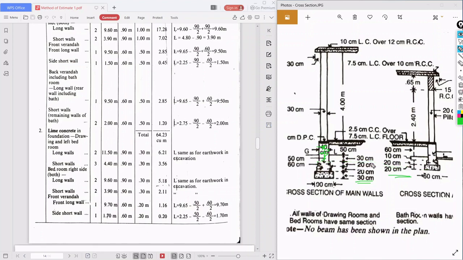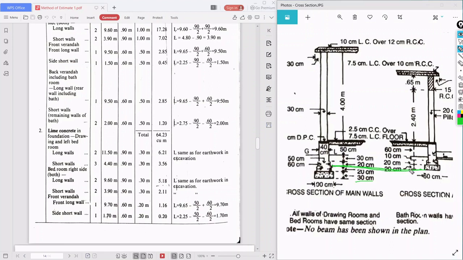At the level of main wall, at the first footing top and second footing bottom, at the level of second footing, concentrate here my dear students, at the level of second footing.